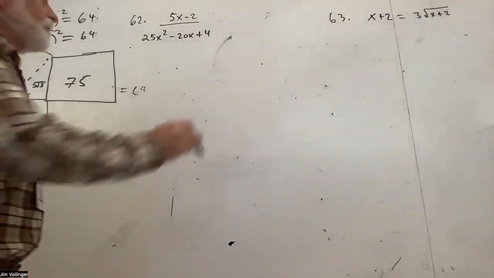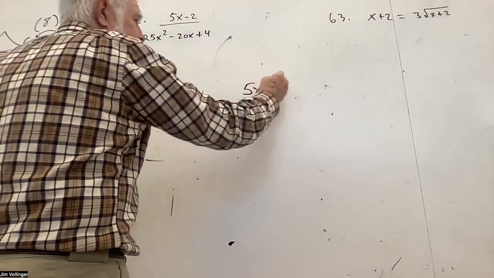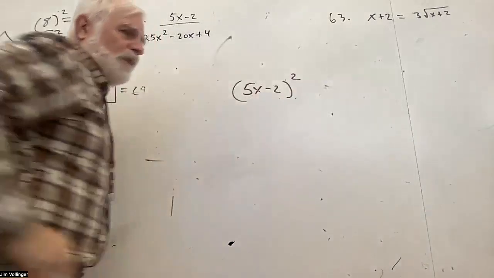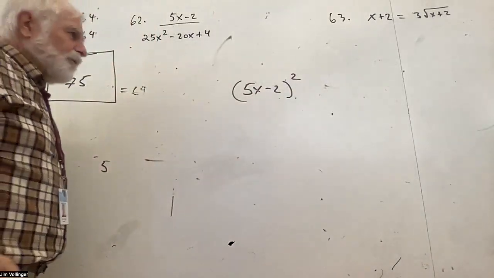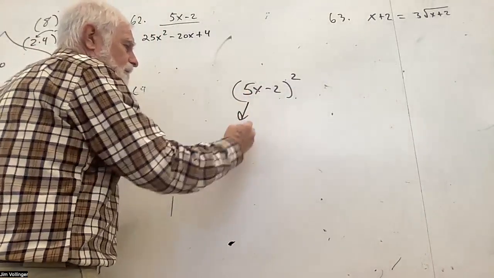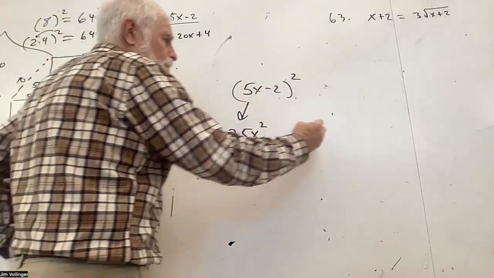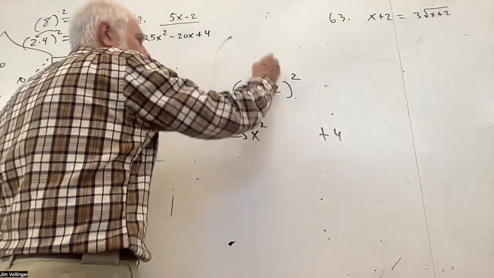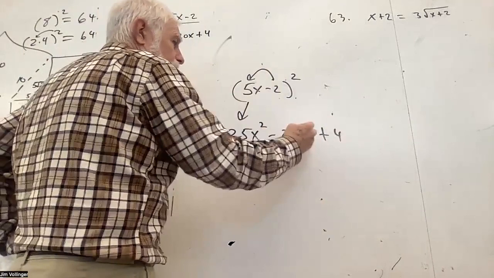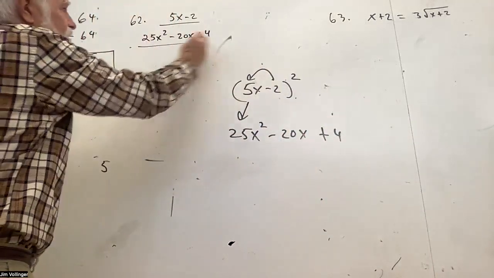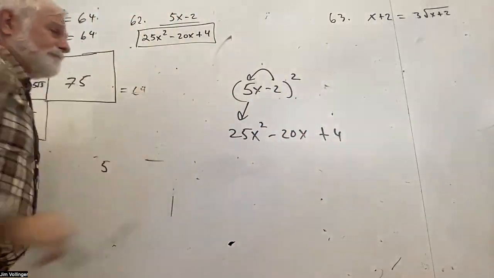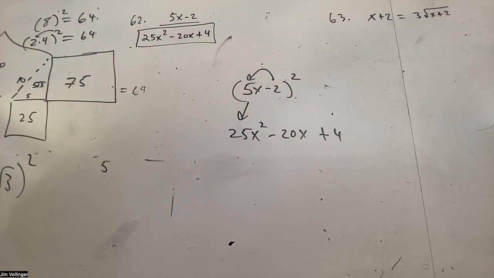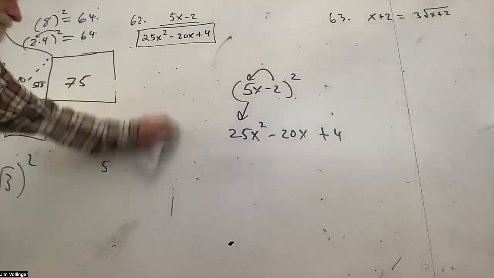Well, we've been working with this a lot. Binomial squaring. And 2/3 of you are taking the shortcut, squaring the first term, squaring the last term, and then doubling the product. The question is, did you recognize it? Not so much.